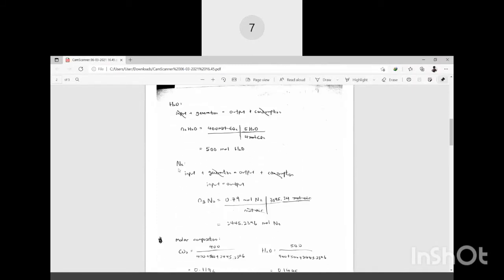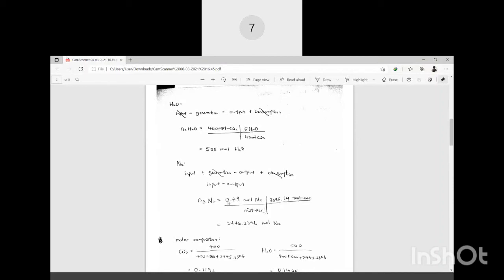Okay, lastly is N2, nitrogen. Nitrogen is not really reactive, it's not really participating in the chemical reaction. So we can just set input equals output. It's a straightforward question.